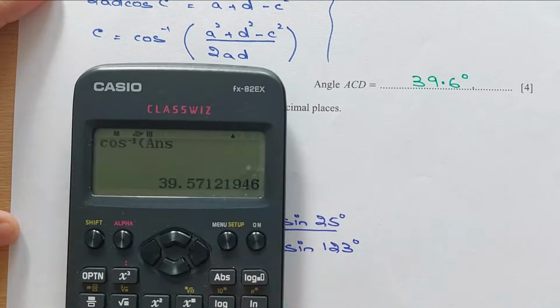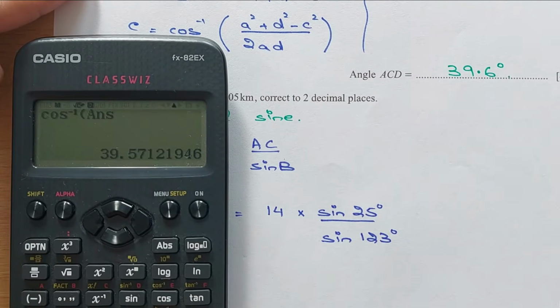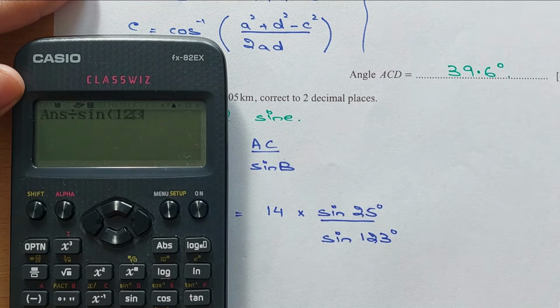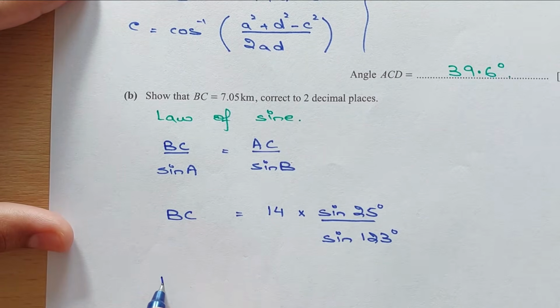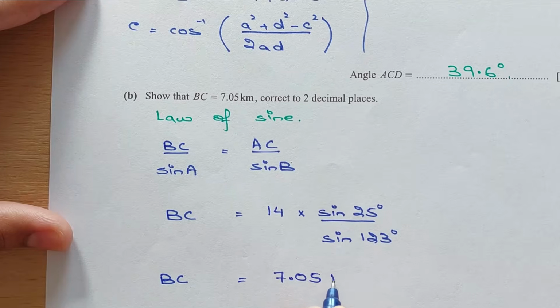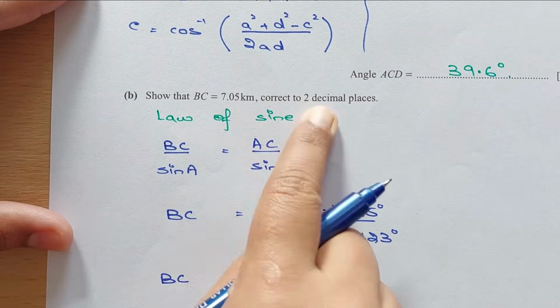Let me simplify. Sine 25 divided by sine 123 times 14 is 7.054 kilometers, right? So the BC is 7.05 kilometers, correct to 2 decimal places.